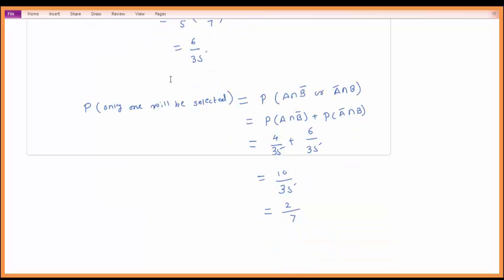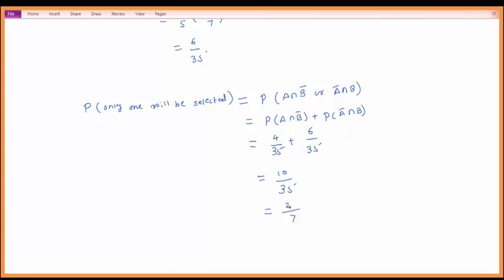Now, probability of only one will be selected is given by either husband is selected or wife is selected. These two events are mutually exclusive. Therefore, P of A intersection B bar union P of A bar intersection B is just P of A intersection B bar plus P of A bar intersection B. This is equal to 4 upon 35 plus 6 upon 35. 4 plus 6 is 10 upon 35.